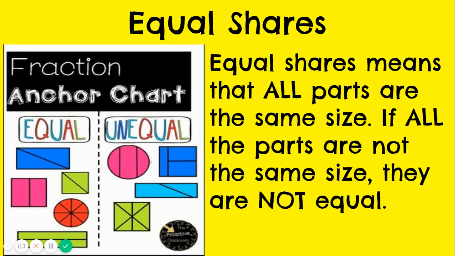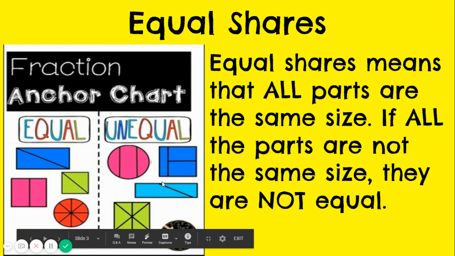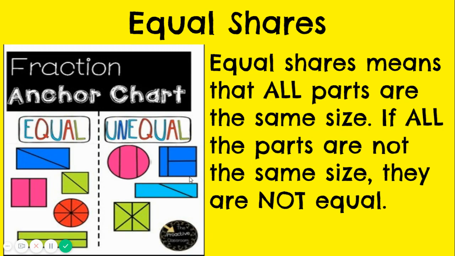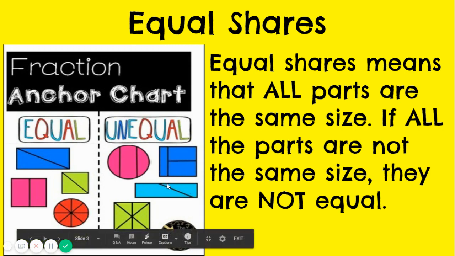If it is not the same size or not the same amount, then it is unequal, like this side of our anchor chart. These two sides are smaller than the middle part. These three parts of the rectangle are not the same size. There are two parts, but they are not equal because they are not the same size. The parts of this square are not the same size, so they are not equal.